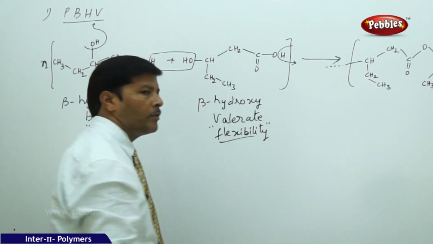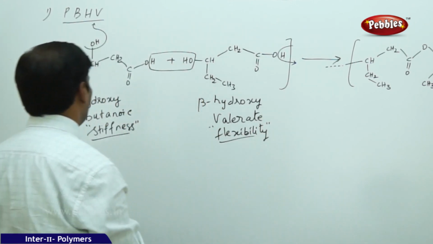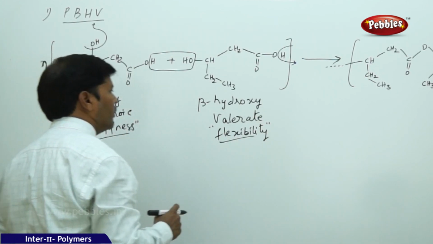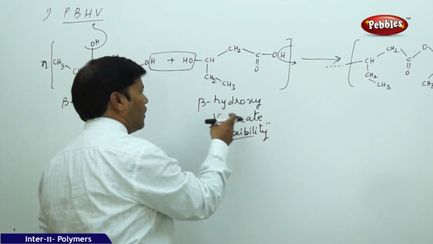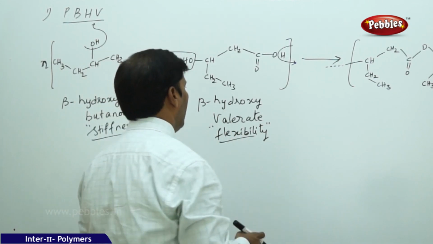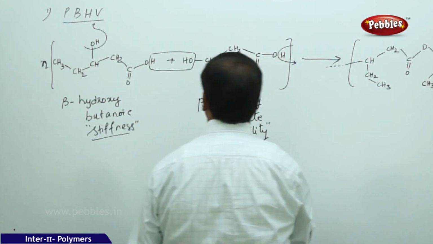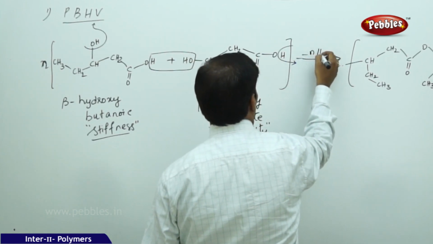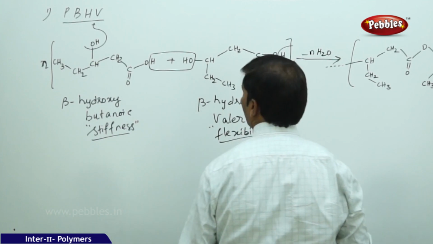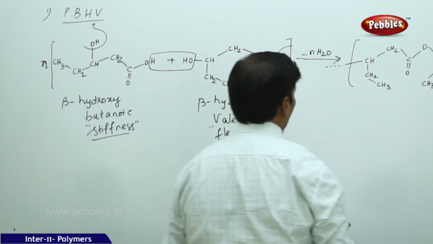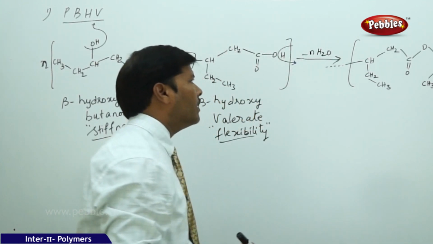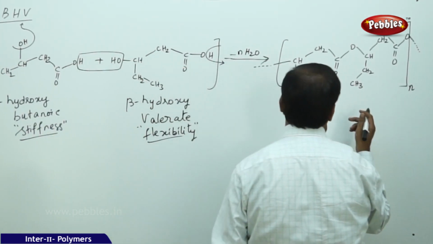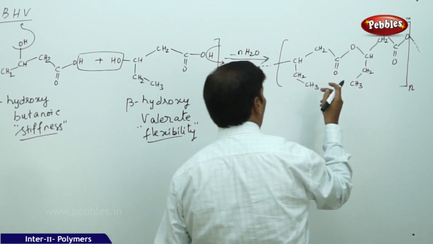So the capsule polymer contains two important characteristic features, stiffness and flexibility. Stiffness is offered by beta hydroxy butanoic acid, and flexibility is offered by beta hydroxy valerate. And when these two are participating in the polymerization, of course minus n number of water molecules have to be eliminated because it's a condensation polymer. Two different monomers are involved, and you can see the aliphatic polyester.